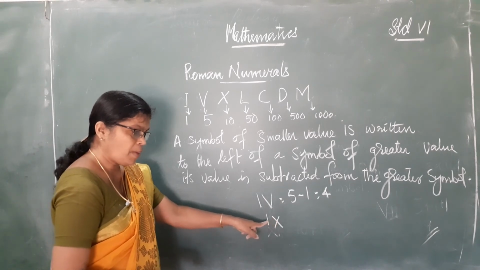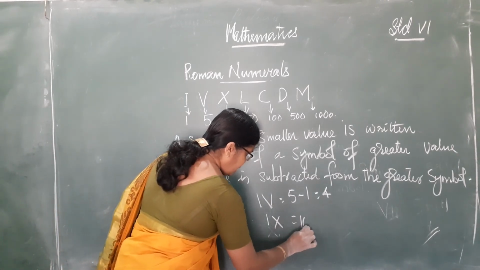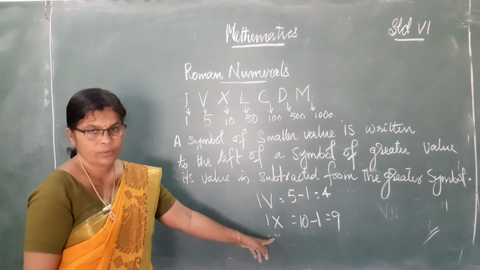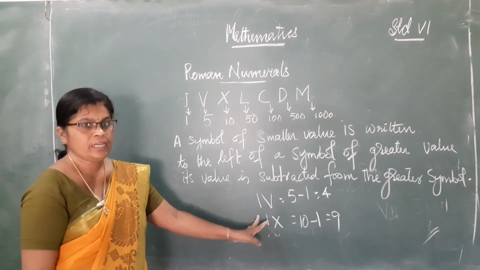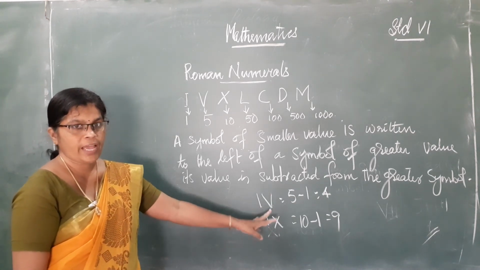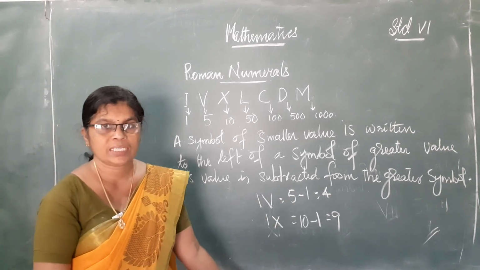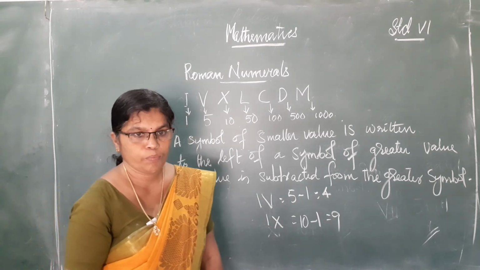We have to do 10 minus 1, that is equal to 9. This is 9. So when I is written to the left of V and X, that is 5 and 10, the value gets reduced. We have to subtract. Okay children, I hope you understood.